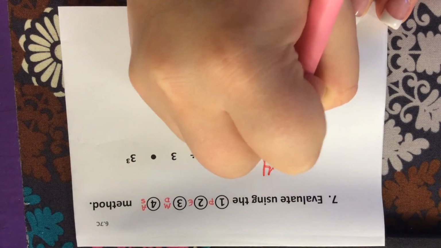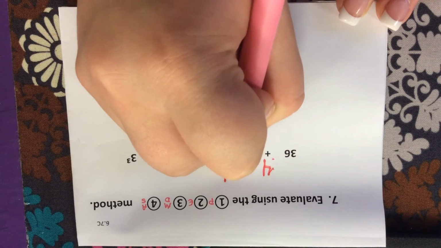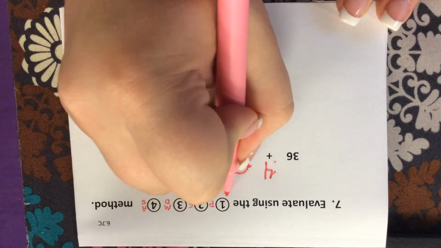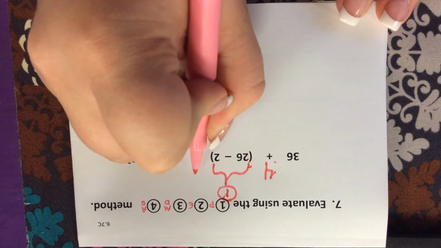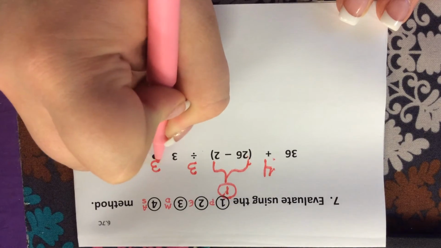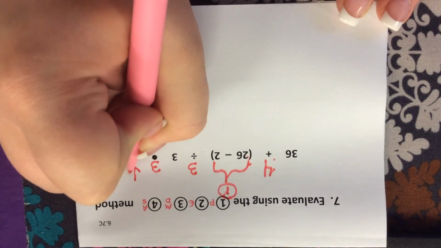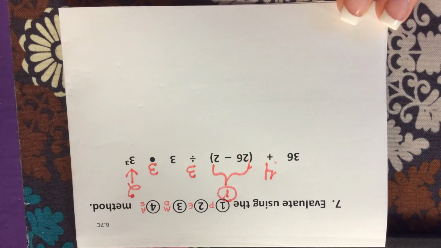Plus is a step 4. Now this is a subtraction sign, but if you notice, it is inside parentheses, so that's a step 1. Division, step 3. Multiplication, step 3. And exponents, that little number right there is an exponent, a step 2.